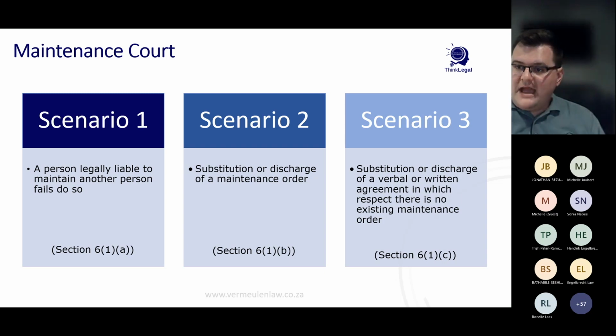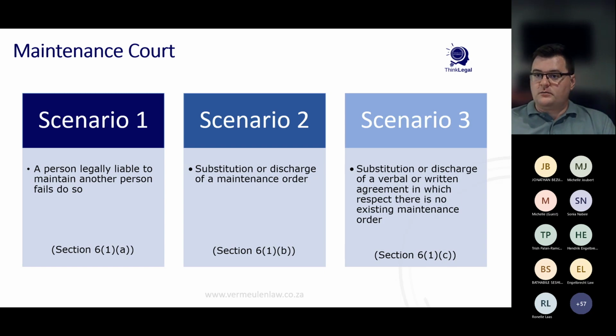There is a maintenance order of some sort, either granted by a divorce court or granted by the maintenance court, but there is a maintenance order in place, in other words, a court order dealing with maintenance, and you want it discharged or you want it substituted or amended. That's Section 6.1b.